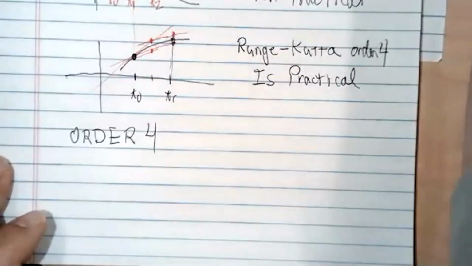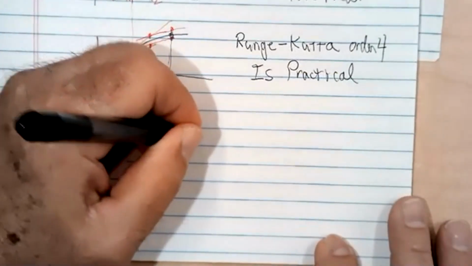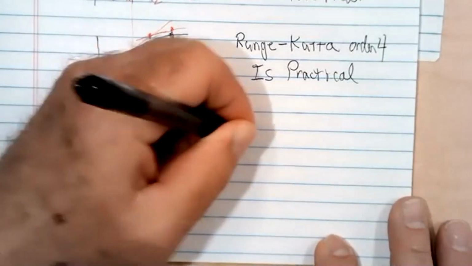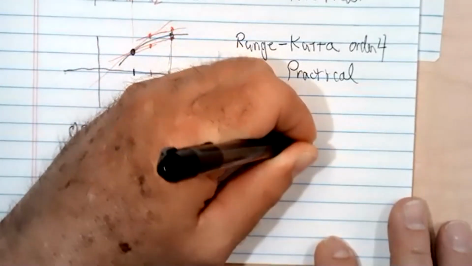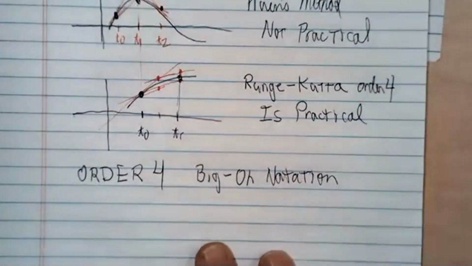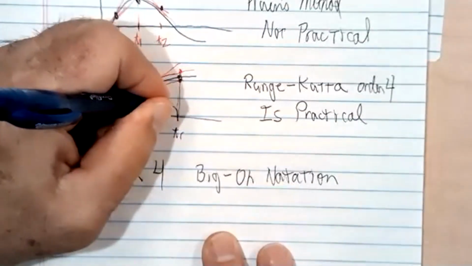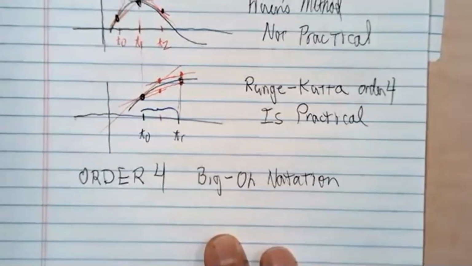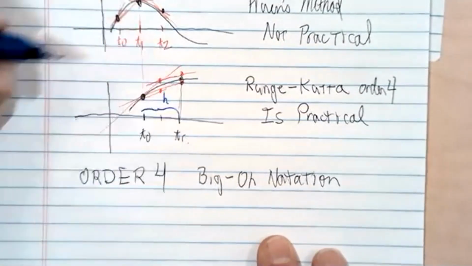And to do that, I need to talk briefly about what is known as big O notation. The way that things are expressed usually is that this distance right here from one point to the next is usually called h.